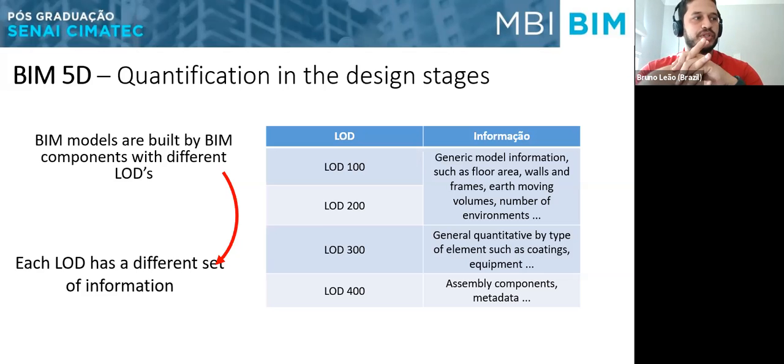So when we're talking about LOD 100 or LOD 200, we have generic model information such as floor areas, walls and frames, earth moving, volumes, and number of environments. When you have LOD 300, we have general quantitatives by type of elements such as coating equipment.